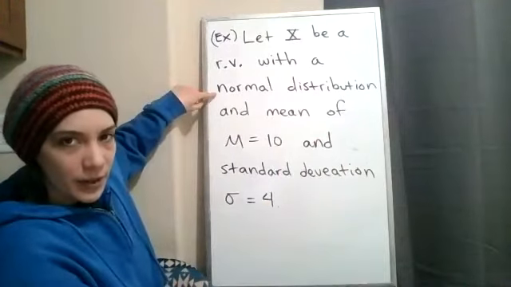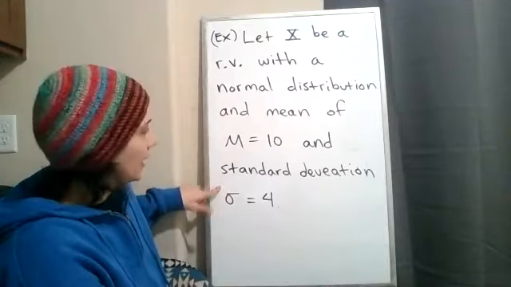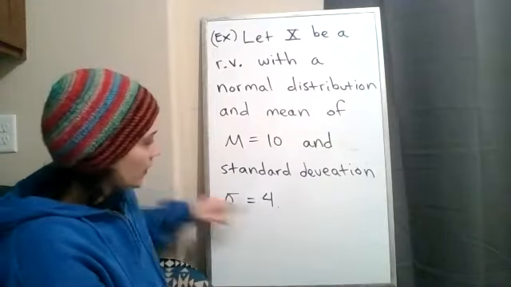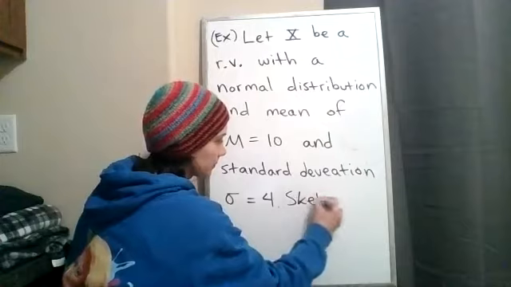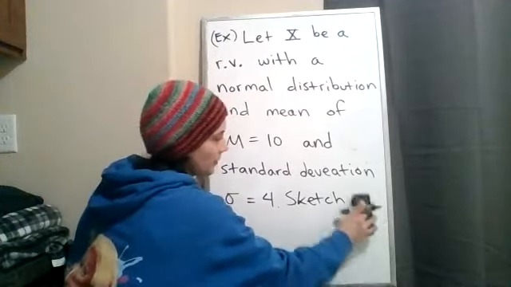Okay, so we're drawing a bell curve centered at 10, and those inflection points will be at mu plus 4 and mu minus 4. So sketch a graph.